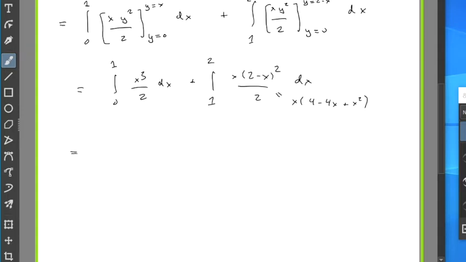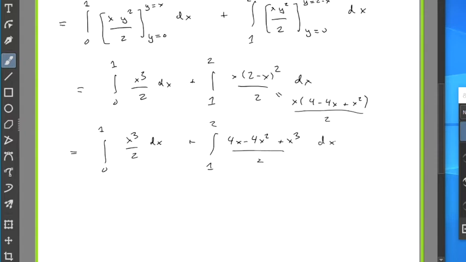So what we then need to solve are these two integrals, plus 1 over 2, 4x minus 4x squared plus x³. Notice that I insert this x into the parentheses. And then what we end up with is the following expressions.